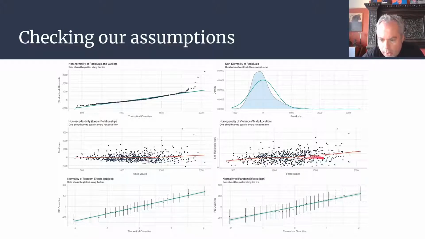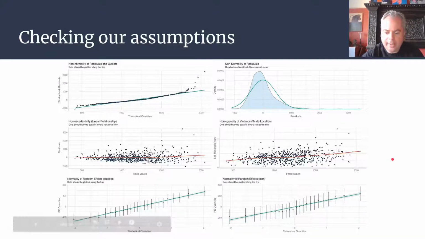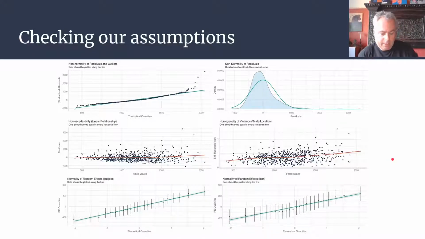And it's not quite horizontal, but it's not looking too bad to me. And then we can also check the normality of our random effects for our subjects and for items. And you can see in both of these plots down here, things are looking pretty normal. Most of those points are on that diagonal.